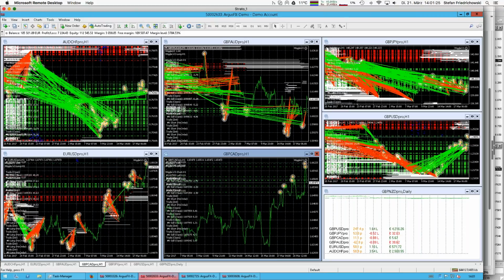It is a certain strategy which is traded quite actively. As you can see, there are lots of trades open, and the red and green lines indicate trades which have been finished. Green means a profitable trade and red means a non-profitable trade.